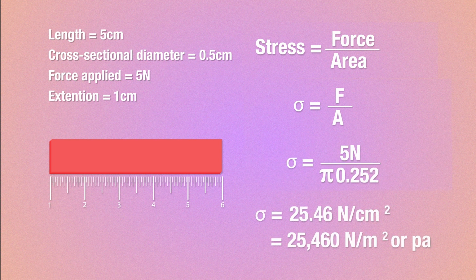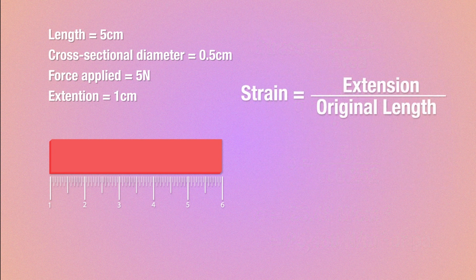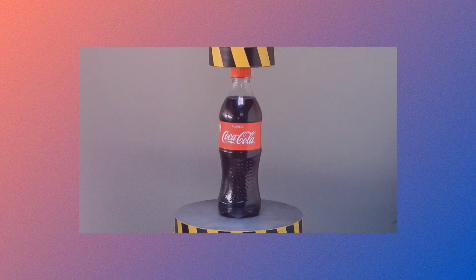Now in this case, the tensile stress comes out to be 25.46 kilopascals. Now we can also find the tensile strain on the rubber band by using the appropriate formula and plugging in the values for extension and total length. That is 1 centimeter and 5 centimeters respectively. And this comes out to be 1 over 5 or 0.2.